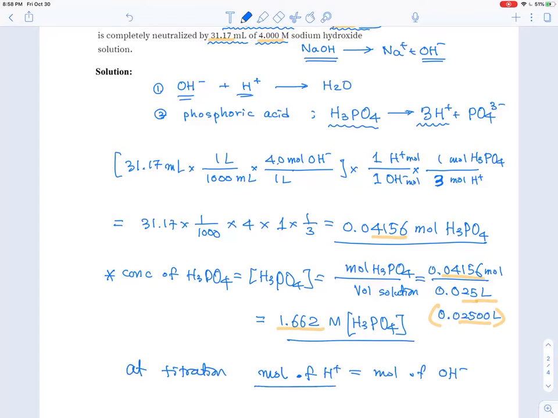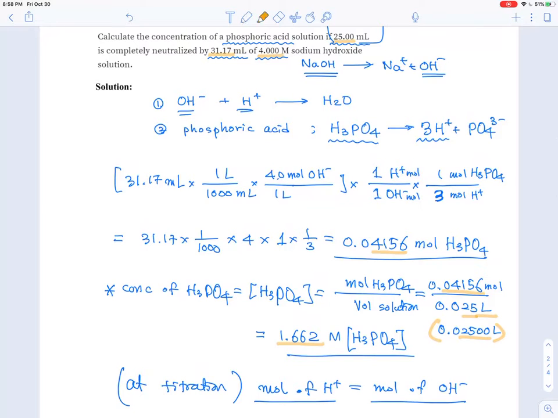Phosphoric acid is an example of a multi-protic acid, so understand the chemical structure. They generate 3 protons, so this is a 1 to 3 correspondence when you convert the concentration of H plus to phosphoric acid.